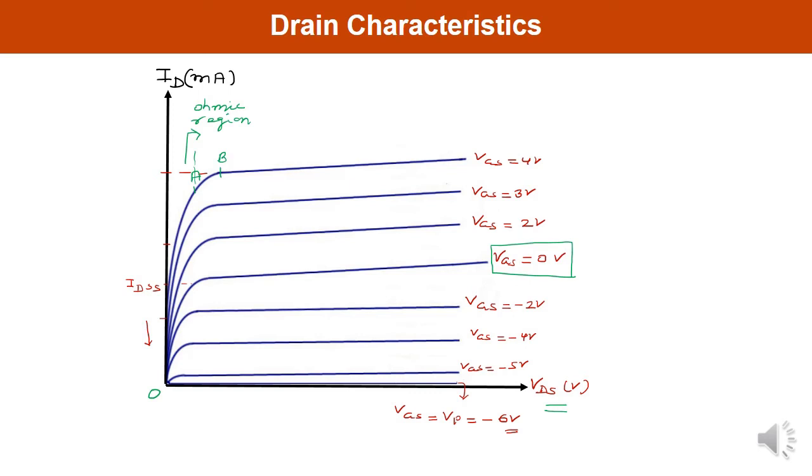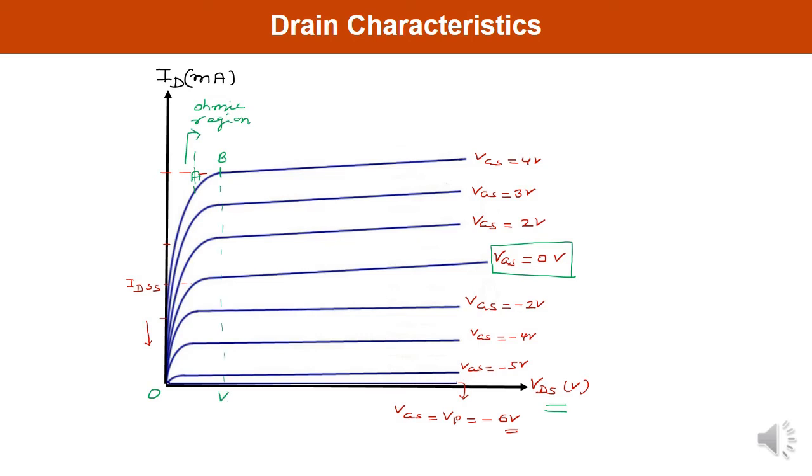Now you can observe there is some curvature from this point A to B. In this region, you can observe that drain current increases, but it does not increase linearly. If you visualize, there is a square law rate when you are increasing the drain source voltage. Here a point is identified, the drain source voltage corresponding to this particular point B. Let me draw this line.